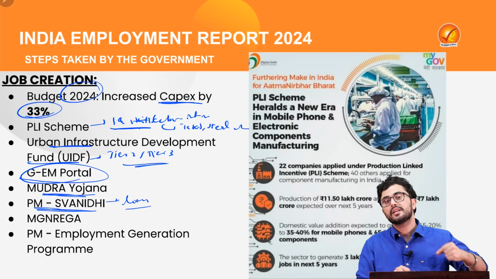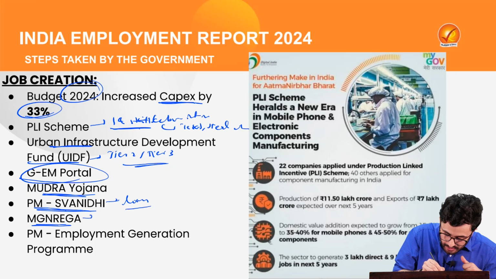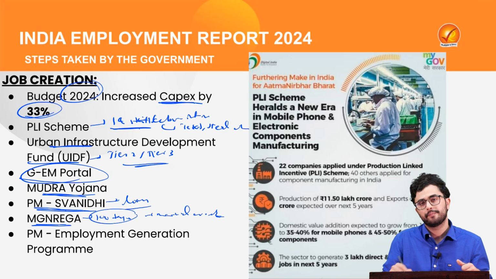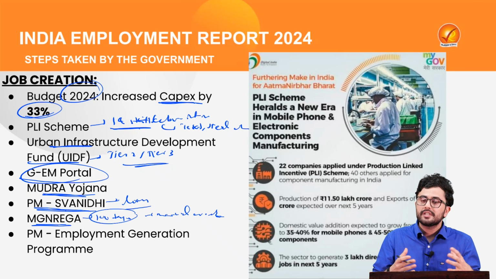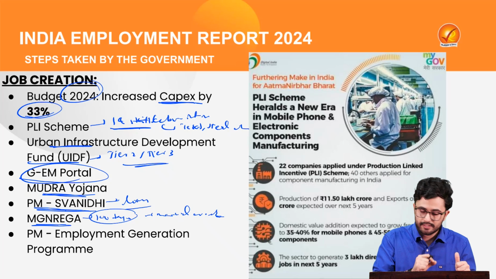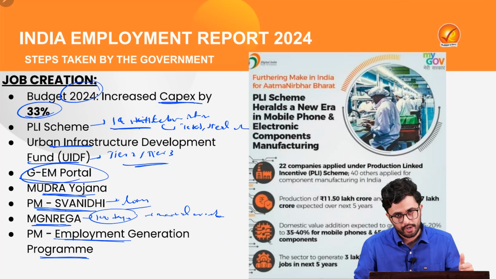Also, to generate employment in the rural areas, there is the MGNREGA scheme, which provides for 100 days of guaranteed manual work. Also, the government is trying to generate employment in various kinds of sunrise sectors under the PM Employment Generation Program.